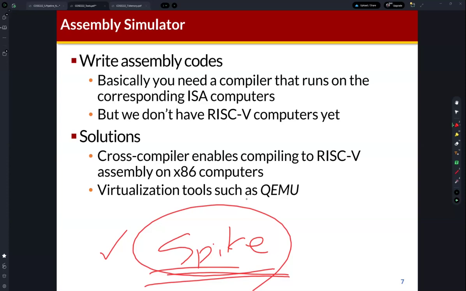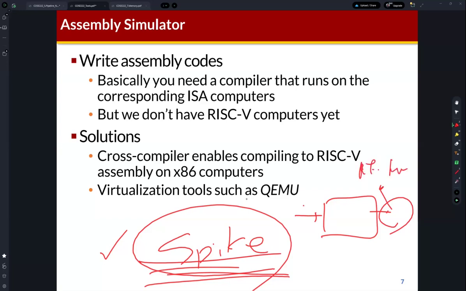Spike just reads the RISC-V binary and emulates the behavior of RISC-V instructions. I define the processor model: the instruction is given, then what changes? The register file and the memory.